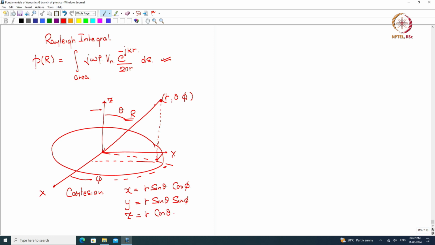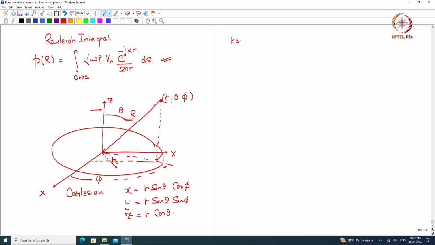Now we have a surface point at this location, r0 from the center. So what are the coordinates of that point?